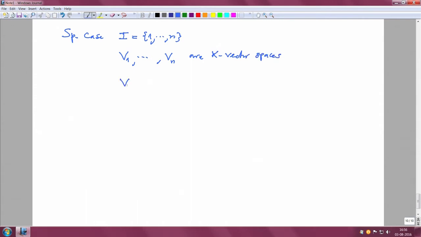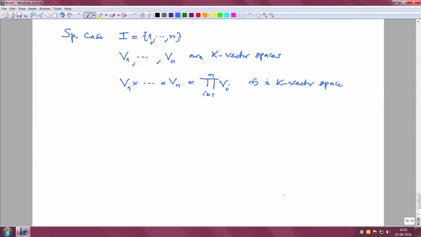Then we have the product V_1 cross V_n. This is a product set. This is a K-vector space with component-wise addition and component-wise scalar multiplication.